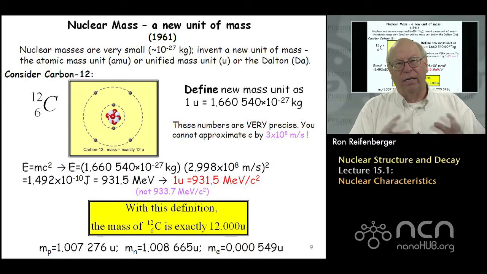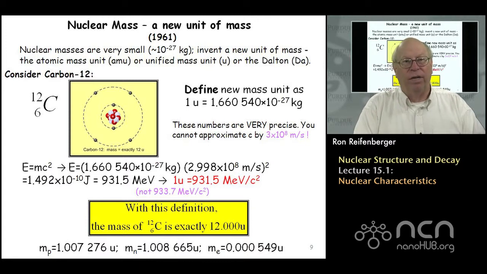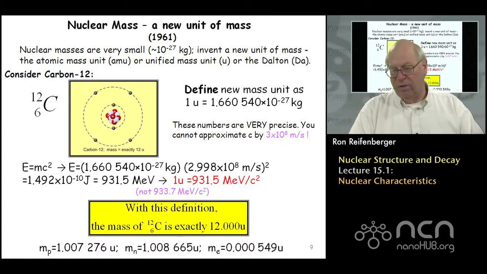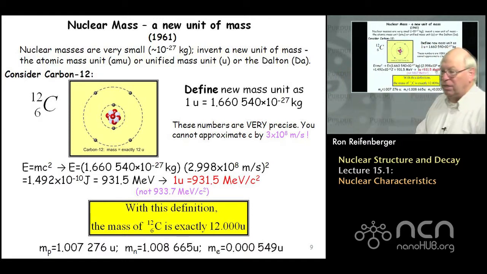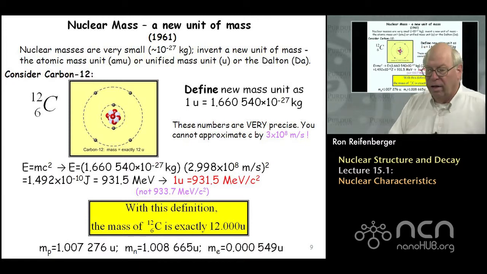And if you're trying to develop a standard of mass, carbon-12 would be a very good candidate for a mass standard throughout the world. And so for this reason, you take 1/12 of the mass of carbon-12, and that leads you to this definition for the unified mass unit U.